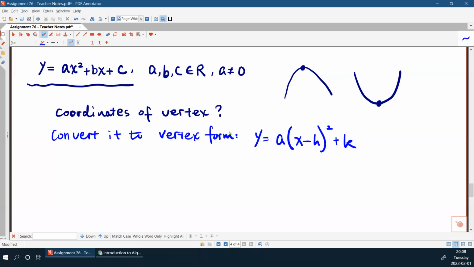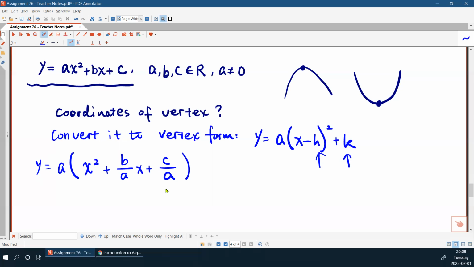Then its vertex is (h, k), right? So how can we do this? If the leading coefficient is a, first of all, we can put a outside brackets. What's left there is x squared plus b over a x, then plus c over a, right?